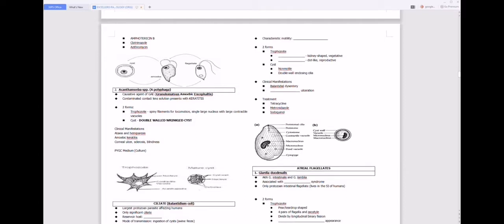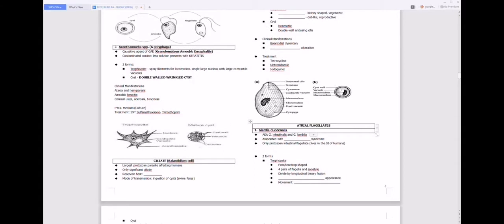And its treatment is SXP, or sulfamethoxazole trimethoprim. Okay? So, okay na?